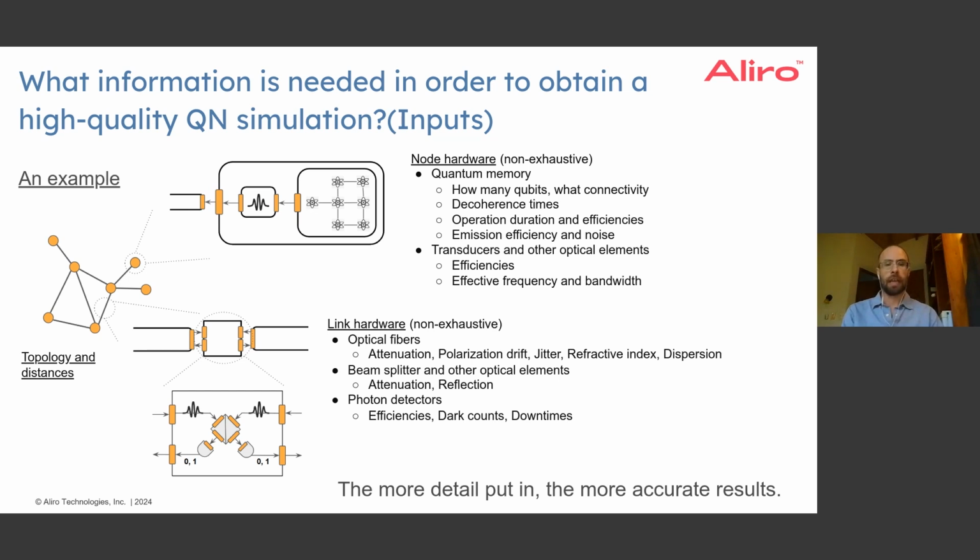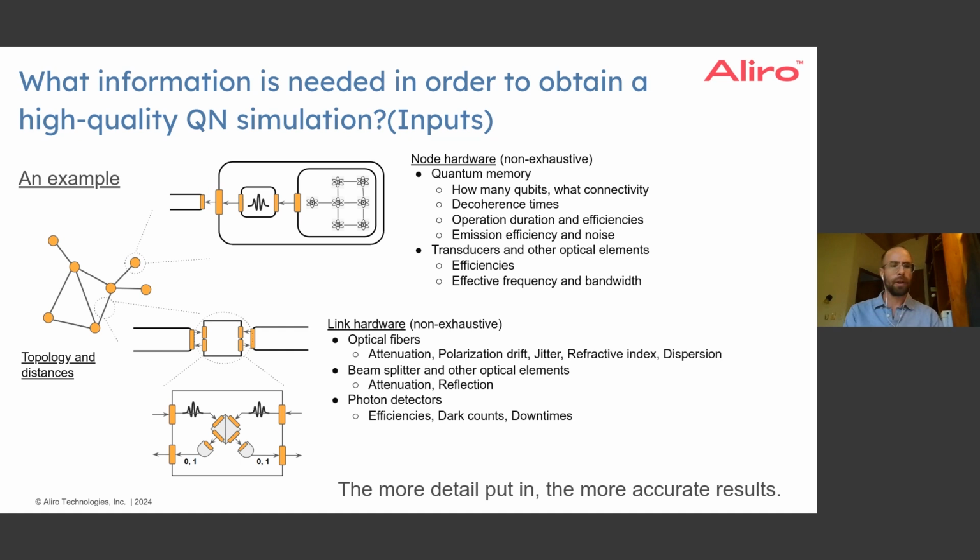So it's very important to know what attenuation you'll expect from your fibers, and other effects can include what drift it applies, if any, onto polarization. Is there any sort of jitter present in the fiber? Is there any set of dispersion effects that would impact your performance?